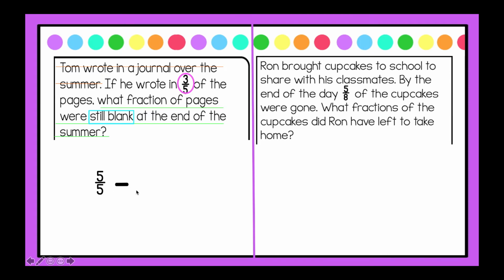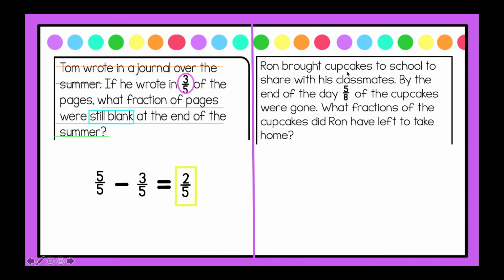And he has written in this much of it. So we need to find what is left, and that is 2/5. So again, the whole book minus what he's written in already will give me how much he has left. He has 2/5 of the book left. Okay, let's go to the second.